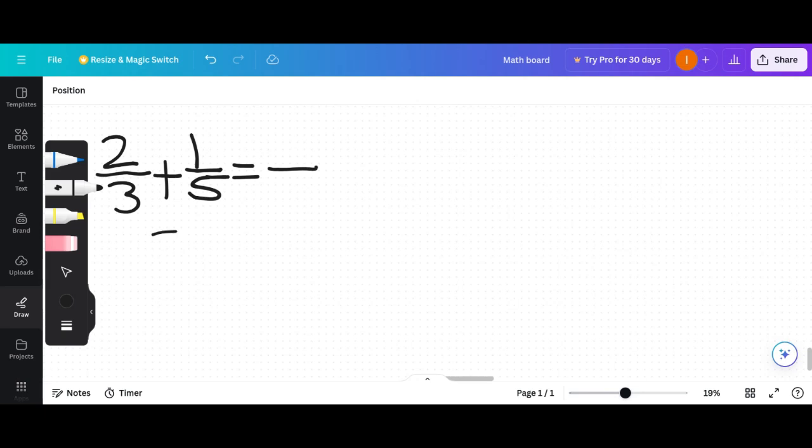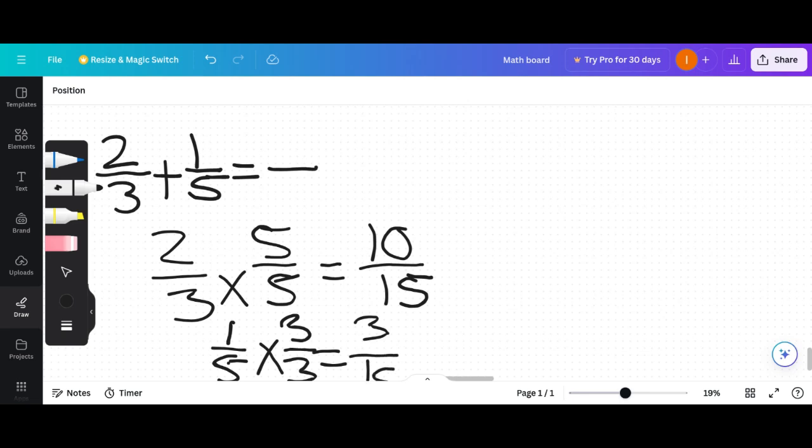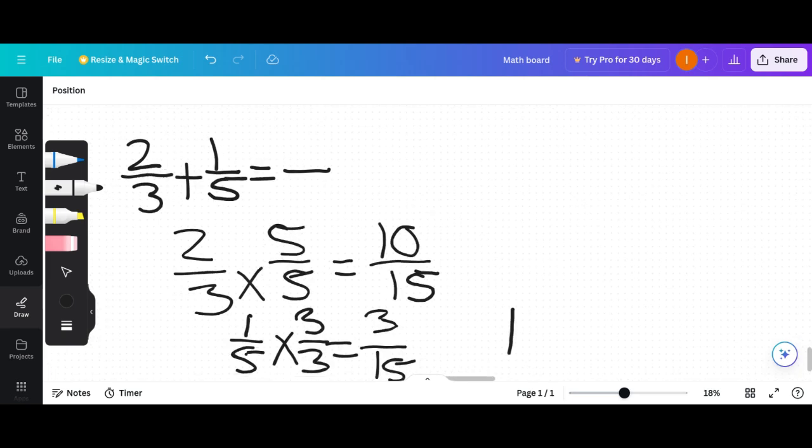So 2/3 times 5/5 equals 10/15. And 1/5 times 3/3 equals 3/15. Okay, that 15 is not that visible, but hey, 15ths.